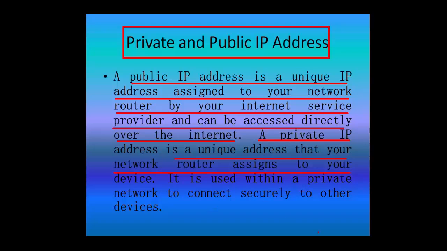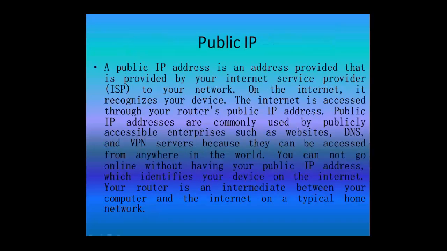I will show you which is a private IP series and which is a public IP series. It is used within a private network to connect securely to another device in the same network. A private IP is only for internal communication and cannot go outside your network. And a public IP is assigned by the internet service provider to access the internet. Okay, let's discuss public IP more.